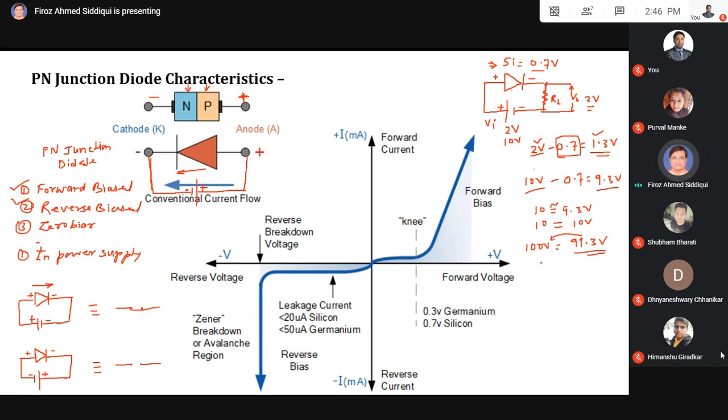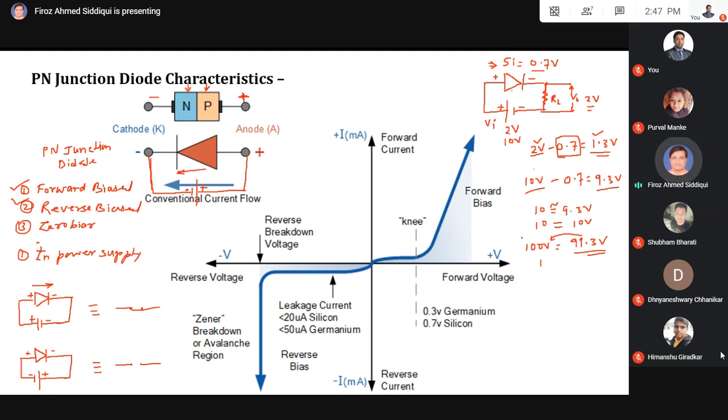So that means if the supply voltage is 10 volt or greater, you can consider the diode as an ideal diode while calculating the numerical. So this you should keep in mind, that when we should consider the diode as an ideal diode, and when we should consider the diode as a practical diode.